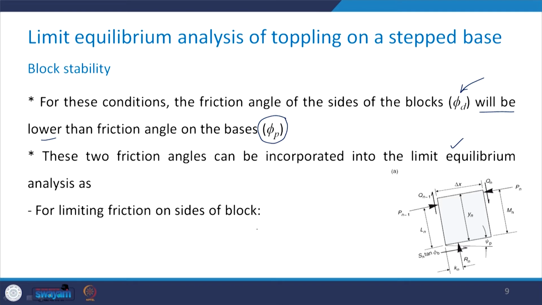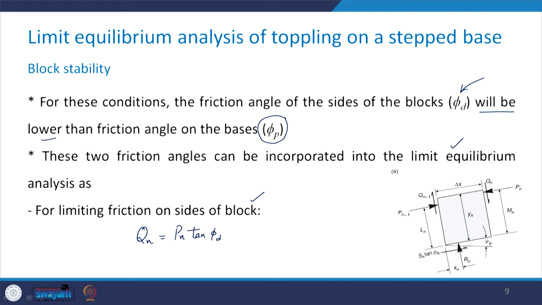For the limiting friction on the sides of the block, we can write Qn equal to Pn tan of phi d.